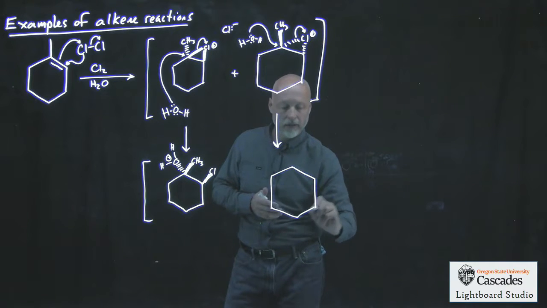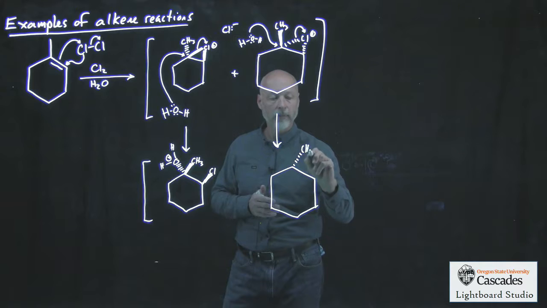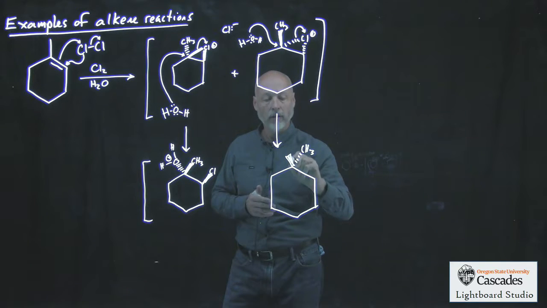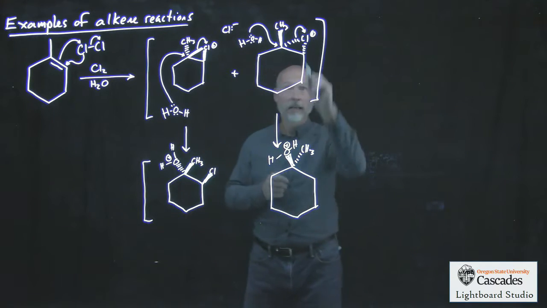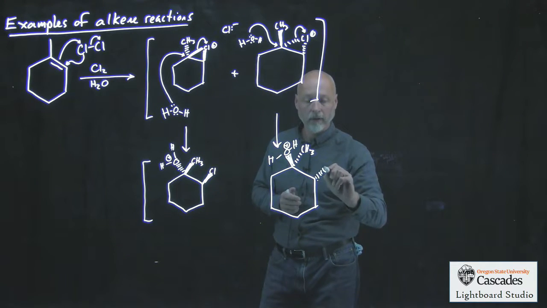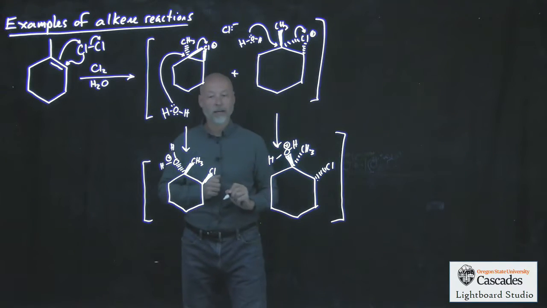Likewise, on the other side, we get the opposite situation where now our CH3 group is back, our water group is forward, charged because that oxygen has 3 bonds, and the chlorine group is still in the back there. And these are still intermediates because we have these plus charges.